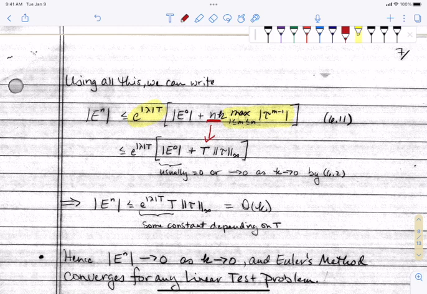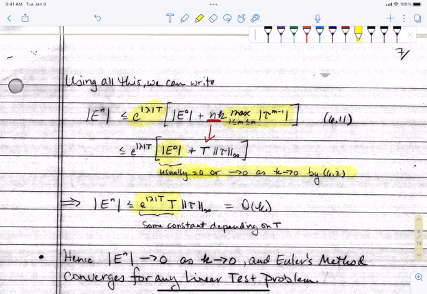Now, what we've seen here is that, like we mentioned before, this thing is probably pretty small, either 0 or goes to 0 as our time step goes to 0. So we focus on that other piece. That other piece has the exponential of absolute value of lambda times capital T, times a capital T. And then we have this infinity norm of tau.